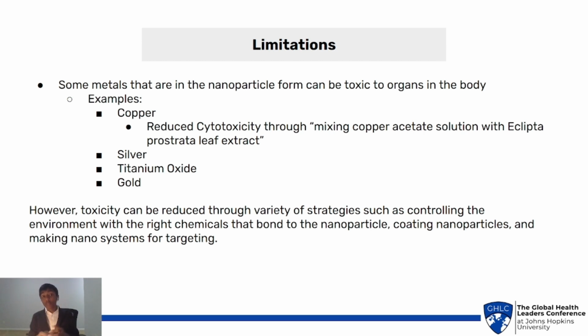For example, copper nanoparticle cytotoxicity was reduced by mixing copper acetate solution with Eclipta prostrata leaf extract. This was in one study. You can also improve the efficiency of the nanoparticle and control the cytotoxicity by coating the nanoparticle and making nanosystems for targeting a specific organ so it doesn't go to any other organs and destroy everything.